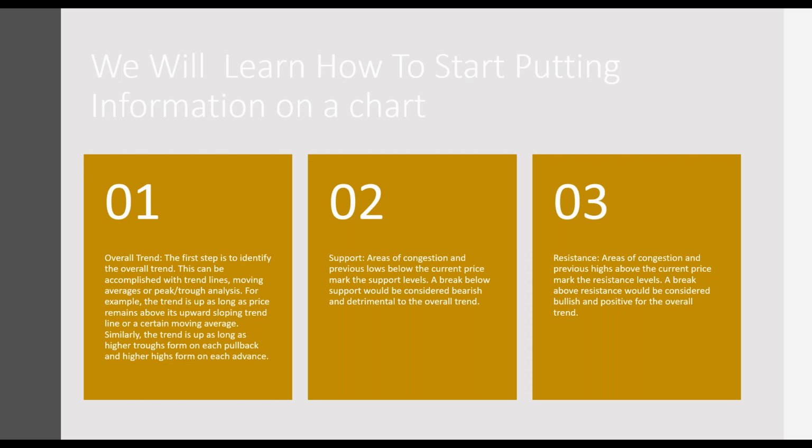These are areas of congestion of previous lows below the current price and marked by support levels. This is what we were talking about before, support and resistance. These are areas where something happened in the past. Now, not necessarily yesterday. The past could have been 6 months ago. You can go back as far as your charts and look for when price was trading around its current price, what happened in the past.